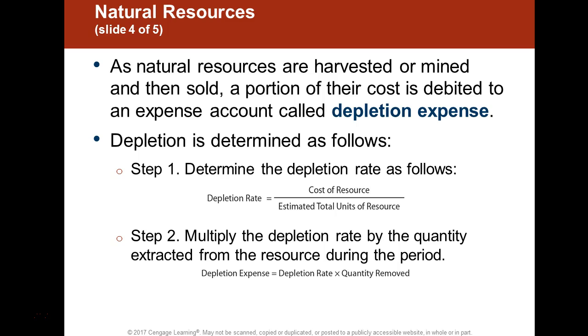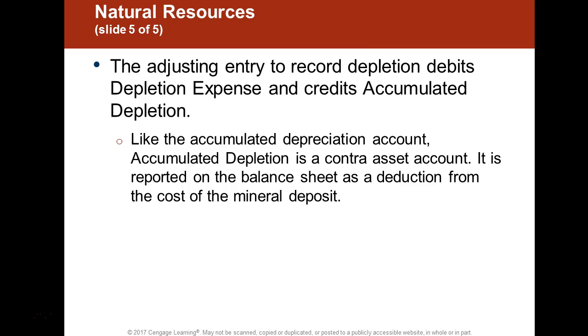So we're going to take that rate and multiply by how much we've removed to come up with our depletion. And remember, depletion is only for assets that are used up. Same as any other item, there is going to be accumulated depletion. We're going to have our asset, which would probably be petroleum or something else, and our accumulated depletion, which will give us our book value of that asset.